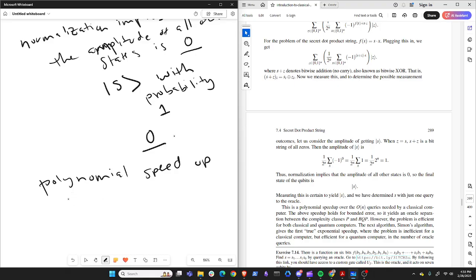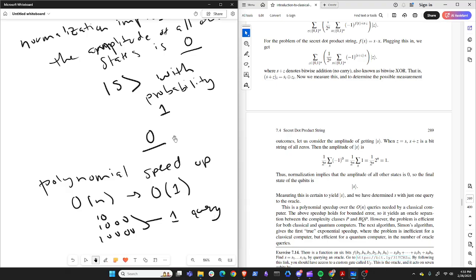Compared to classical, we go from O of n to O of 1. And this is true for any size. So whether it's 10, 1,000, 10,000, etc., we need one query to solve that.